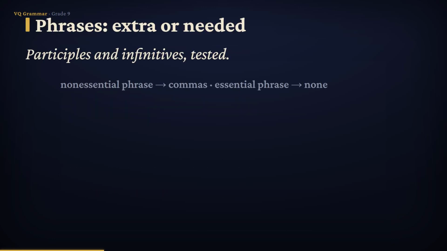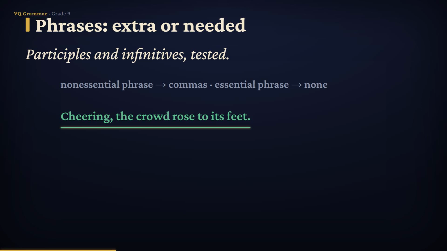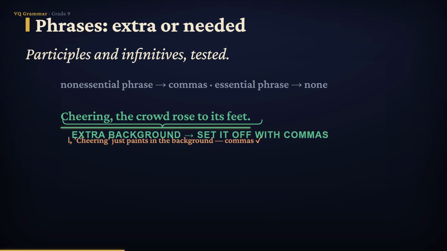The same idea works for phrases, the ones built on participles, those ing and ed words, and on infinitives, the to plus verb forms. Start here. Cheering, the crowd rose to its feet. The word cheering just paints in some background. Lift it out, and the crowd still rose to its feet, so it's non-essential, and it gets a comma.